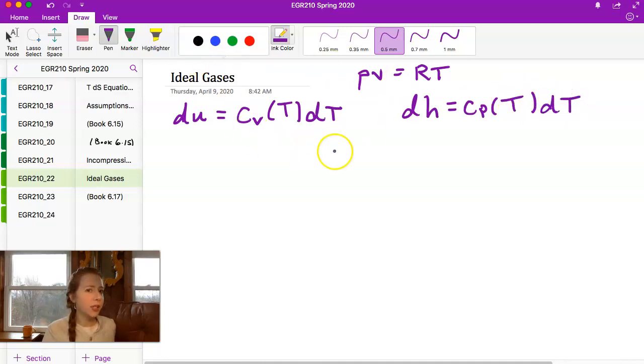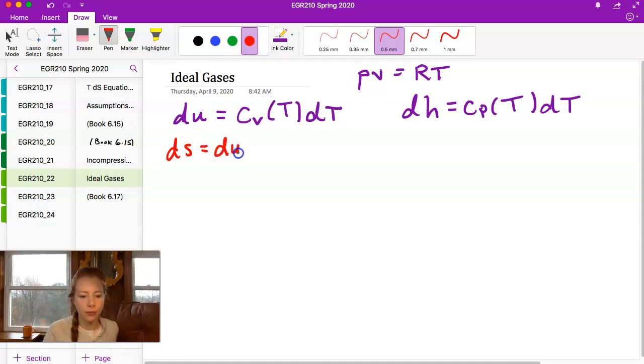Okay, so we were using this before. Now, let's relate this to change in entropy. So ds is going to equal du over T plus P over T dV.